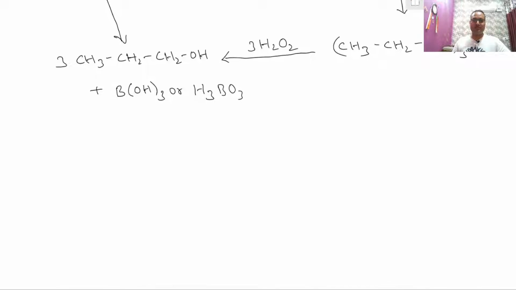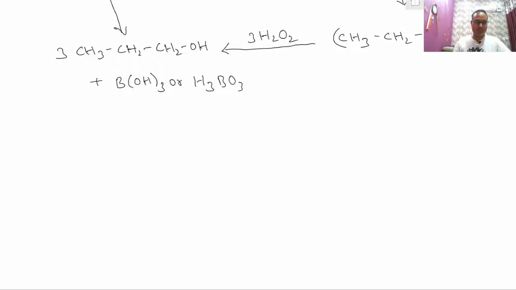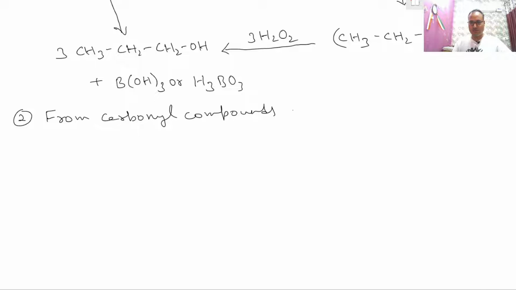Next method for the preparation of alcohol is from carbonyl compounds. So carbonyl compounds will be the compounds containing the C double bond O group in them.